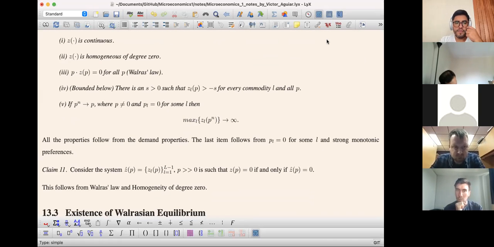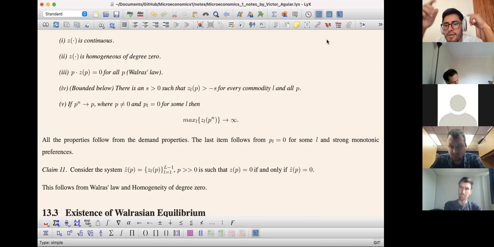Now, one thing you have to realize, yet again, due to homogeneity of degree 0 and Walras' law, remember this lesson from before: there is always one redundant market. Do you remember that? If you have L goods, you have market clearing conditions for L goods. If you clear L-1 markets, then the final Lth market is automatically cleared.